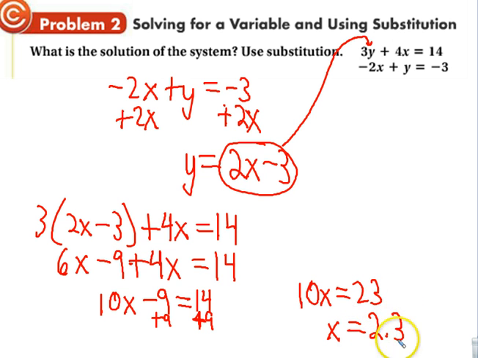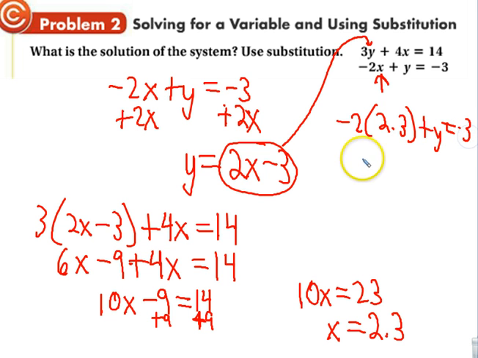Then I'm going to take this and plug it in right here. So negative 2 times 2.3 plus y equals negative 3. So that's negative 4.6 plus y equals negative 3.